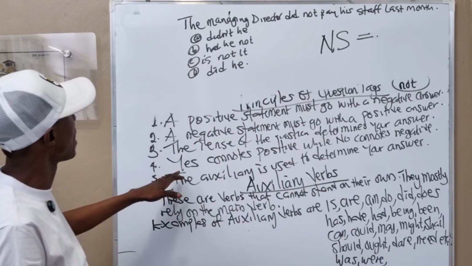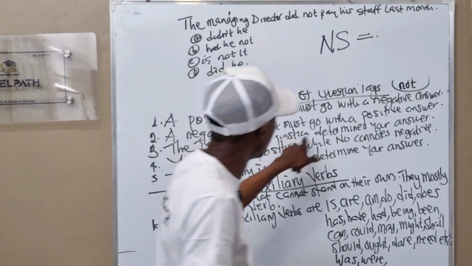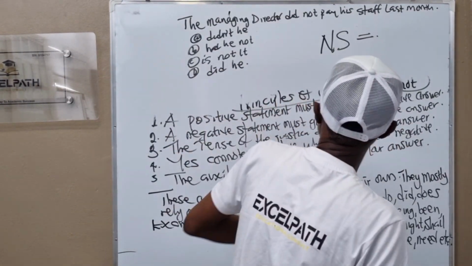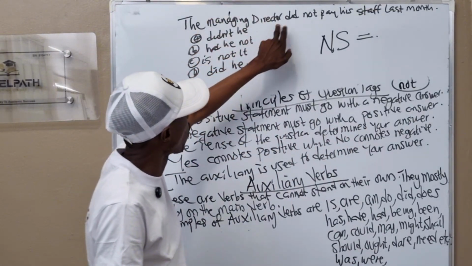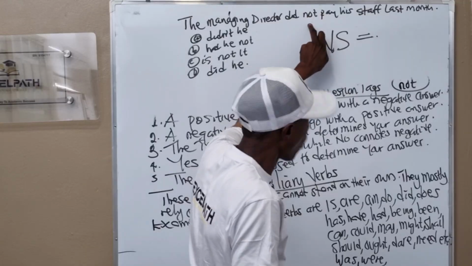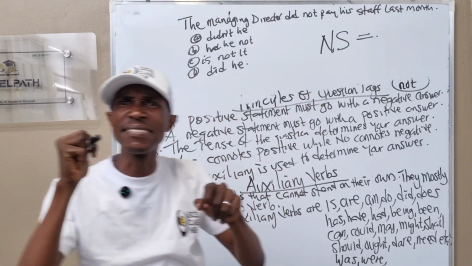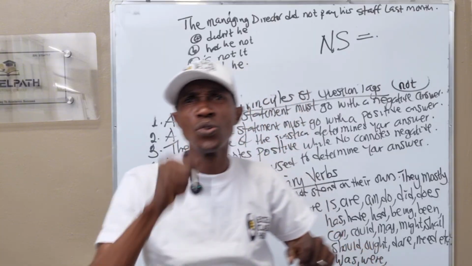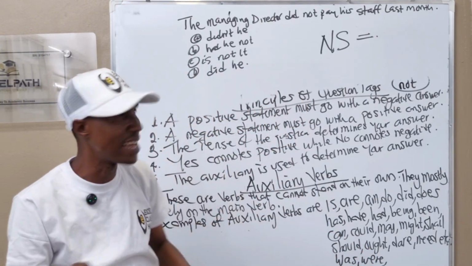So the second thing is this: the tense of the question determines your answer. Read it again. The managing director did not. This is a past tense. And since the tense is in past tense, your answer too must be in past tense.